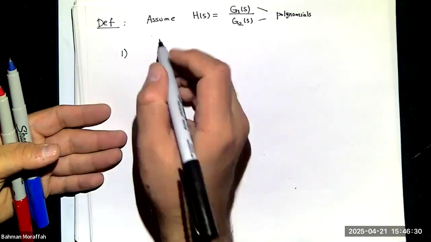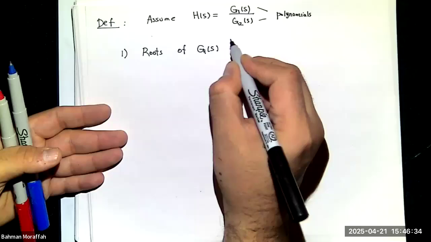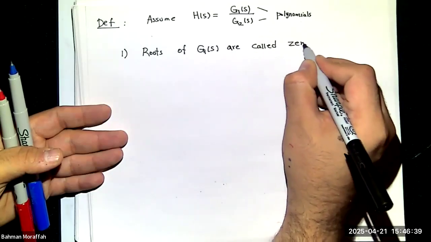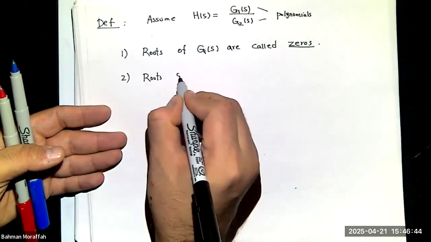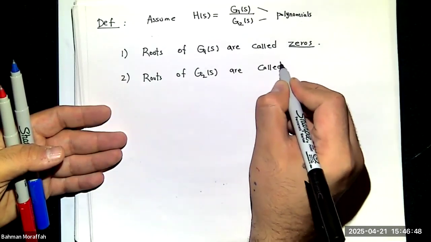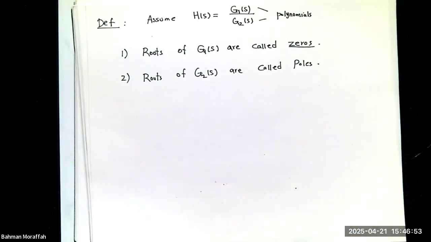So definition 1, roots of g1 of s are called zeros. Roots of g2 of s are called poles. On top of that, call this function h of s proper if the degree of numerator is less than the degree of denominator.